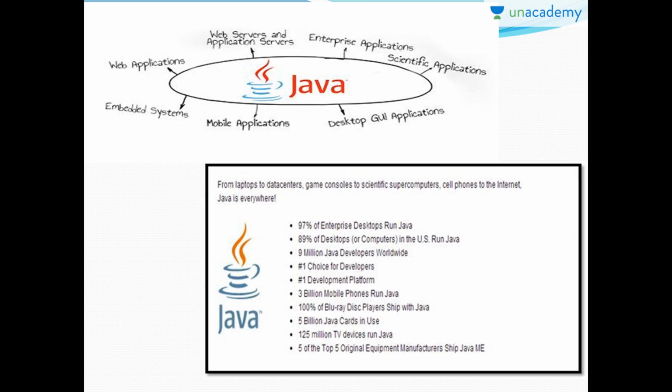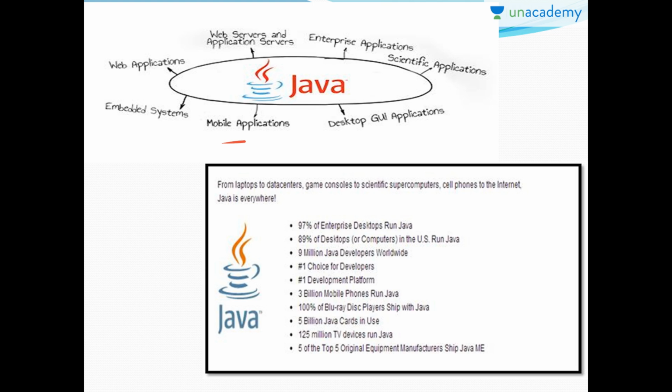And as I said, why we have to learn Java: most of the things that we see around us include Java directly or indirectly. Like mobile applications, we use so many mobile applications now, but most of us are unaware that they run on the Java programming language.